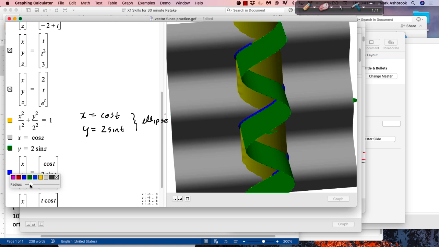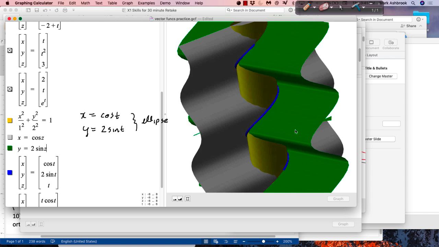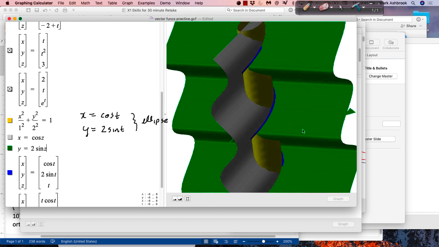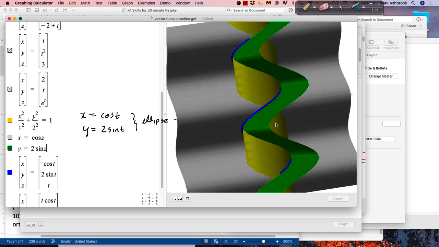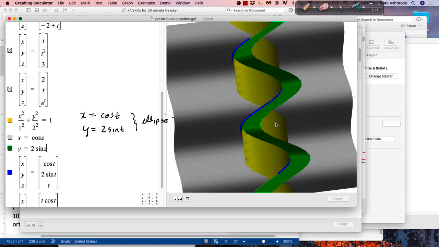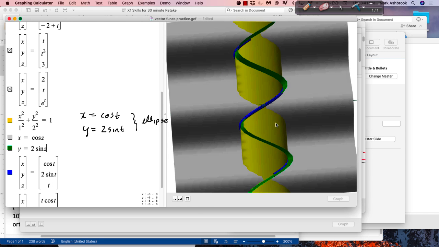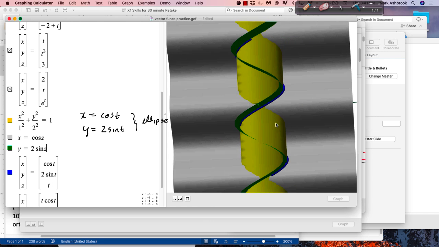Does the blue show up? Yeah. The intersection of all 3 surfaces is that curve. So that curve lies on both sinusoidal cylinders, and it lies on the elliptical cylinder. So it's the intersection of all 3 of those surfaces.